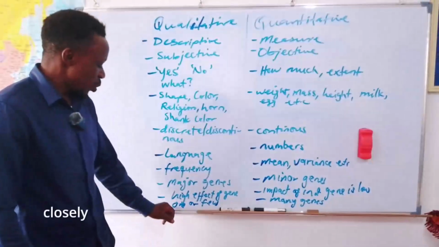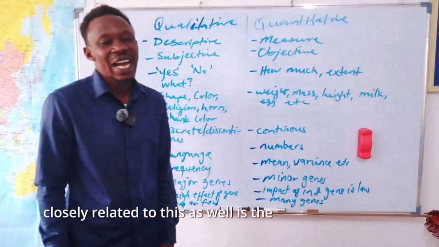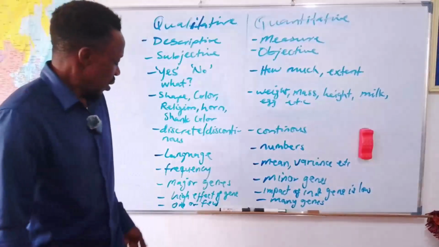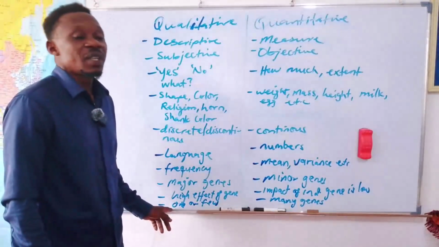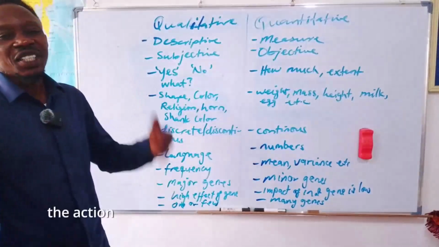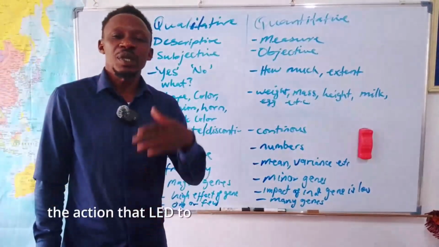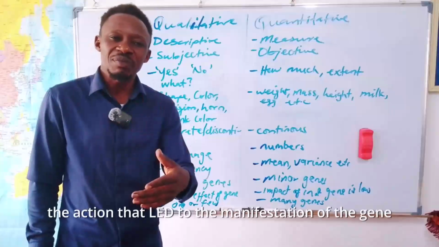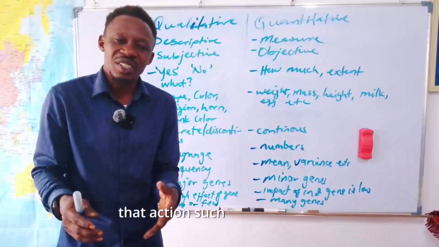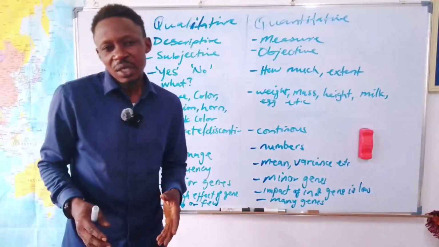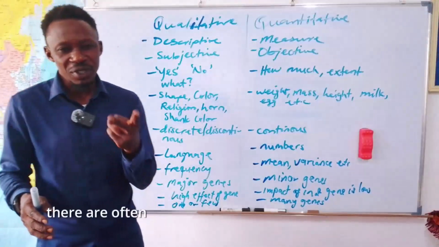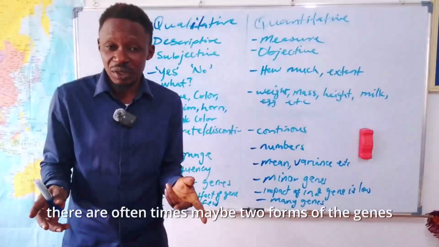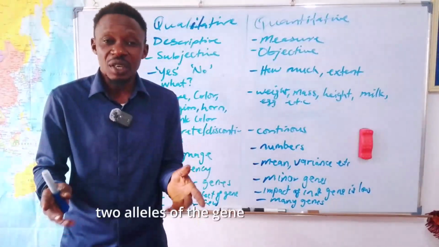The other aspect closely related to this as well is the action of the gene. In qualitative traits, the action that leads to the manifestation of the gene includes actions such as dominance. In dominant action, there are oftentimes maybe two forms of the gene, two alleles of the gene.